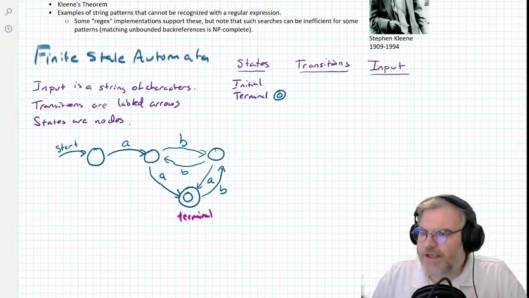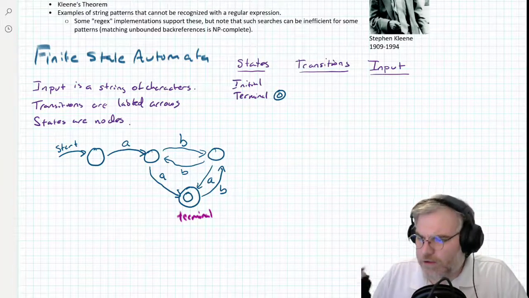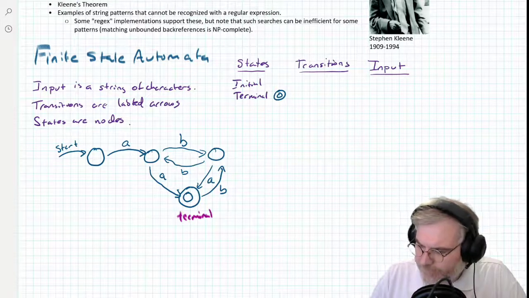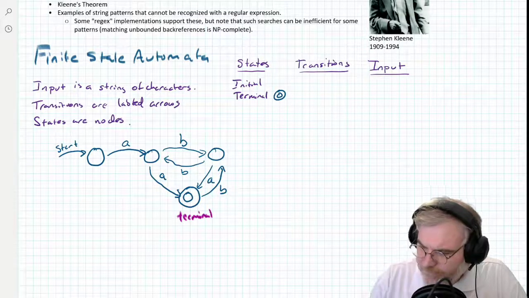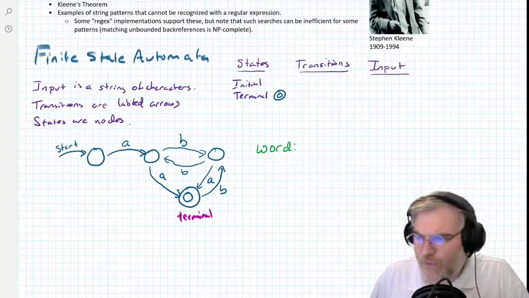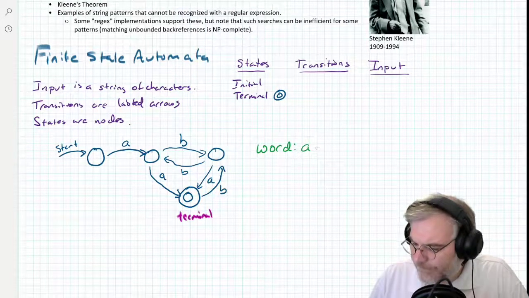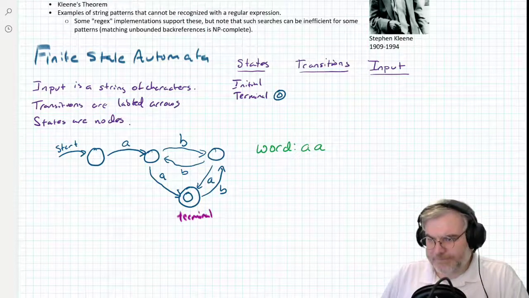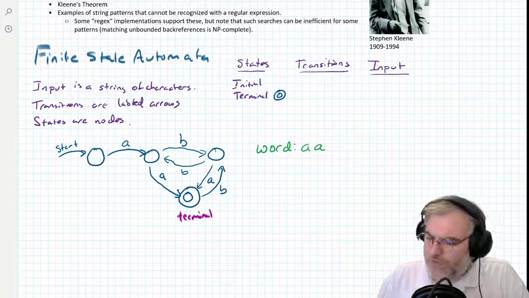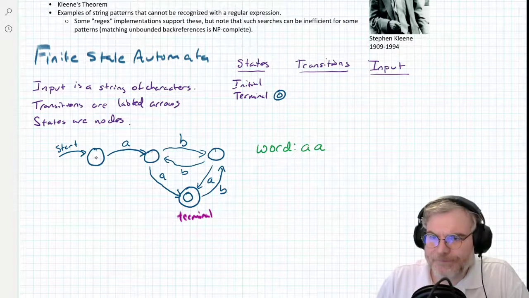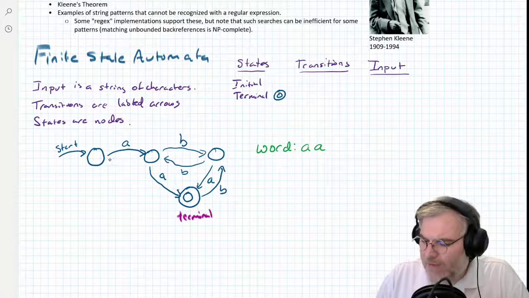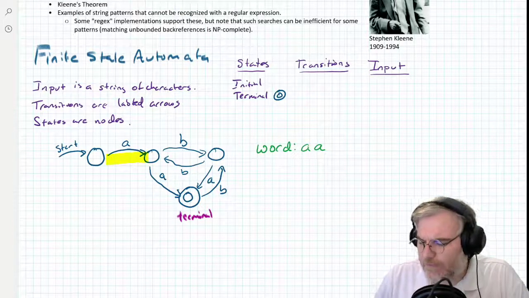So now I'm going to read my word. So I have a word. Let's say I have the word AA. Okay? And let's show what happens here. I started with the word, so I start here. Now I had the word A, so now I went to here.